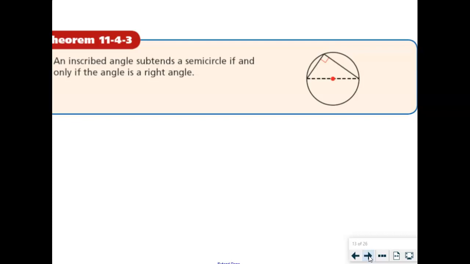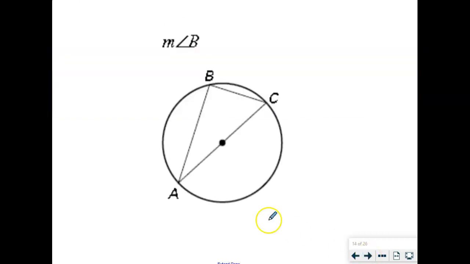So, this next one must be number 3. Roman numeral 3, when you have a diameter, we have 90-degree angles. Alright, so this is going to the diameter. So that makes angle B automatically 90 degrees.